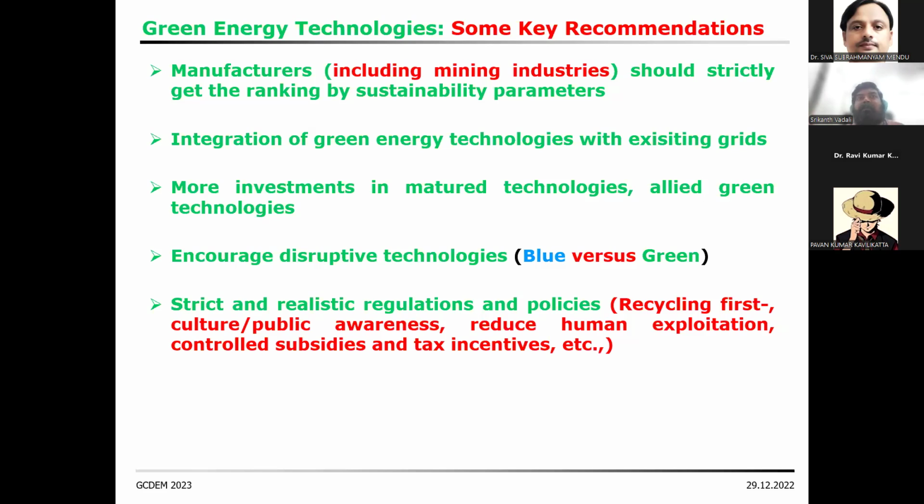It is a technology, that's all, but it cannot be integrated. Such things have to be avoided. If there is an idea, we should integrate two so-called green technologies to make it greener. And more investments in mature technologies and allied green technology.